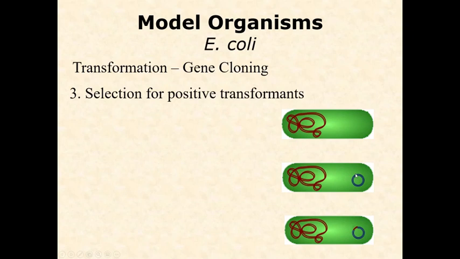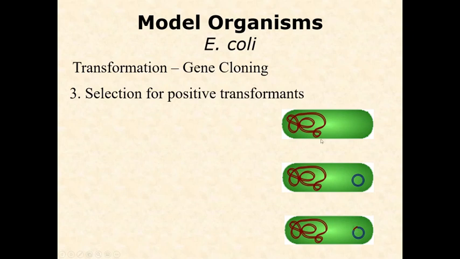So the process of inserting that bit of DNA into a plasmid is not 100% efficient. In fact, it's usually quite inefficient. So a small minority of bacteria in our population carry our plasmid and have our insert of interest. And these are the ones that we want, right? These are our recombinant bacteria with our target gene that we want to isolate from the other bacteria.